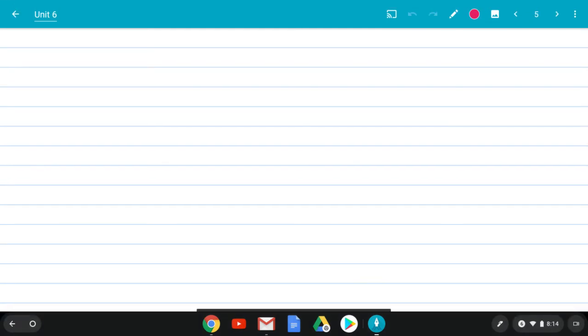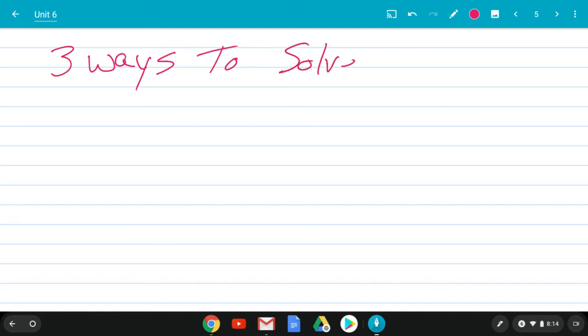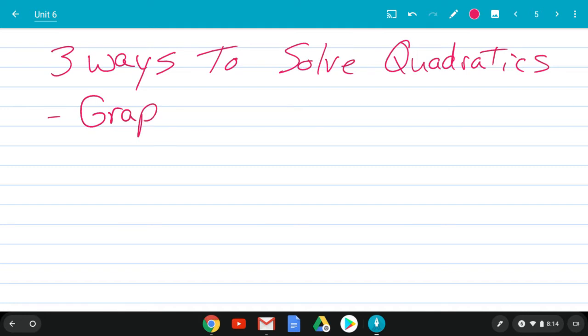There are three ways to solve quadratics. The first one is by graphing. And then it depends on which form.